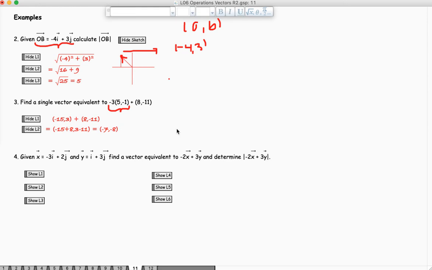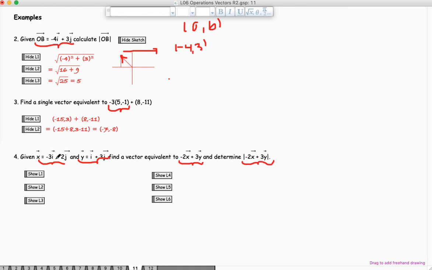All right, next example. I'm giving you vector x in component vector form. I'm giving you vector y in component vector form. And then I'm asking you to find a vector equivalent to negative 2x plus 3y. And then after you've done that, I would like you to find the magnitude of that vector.